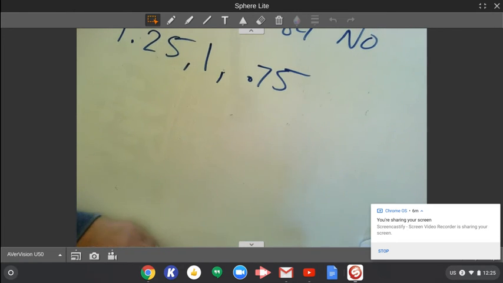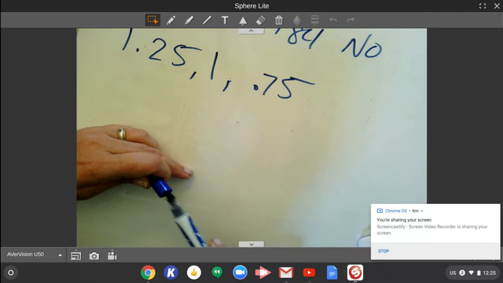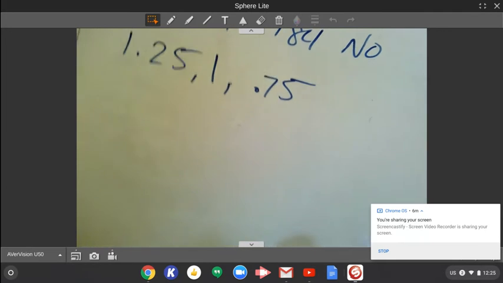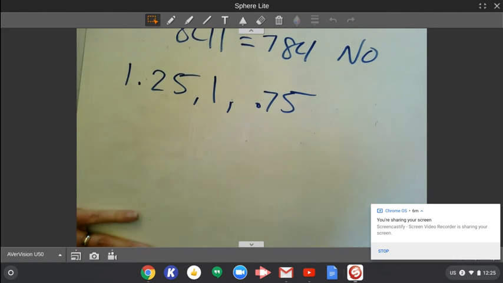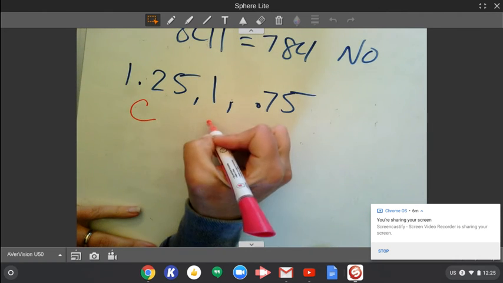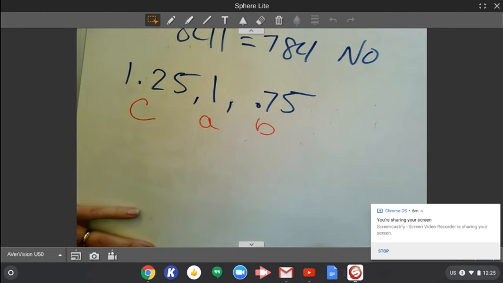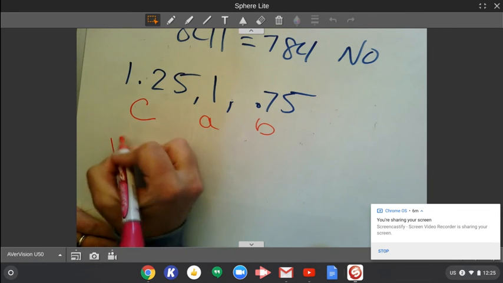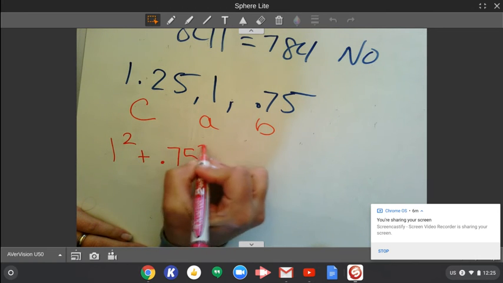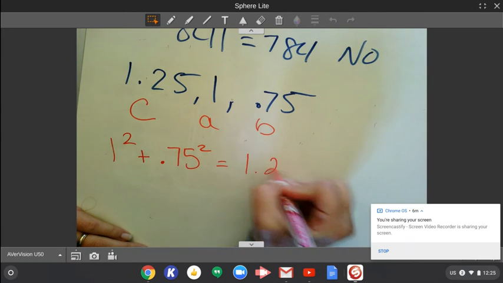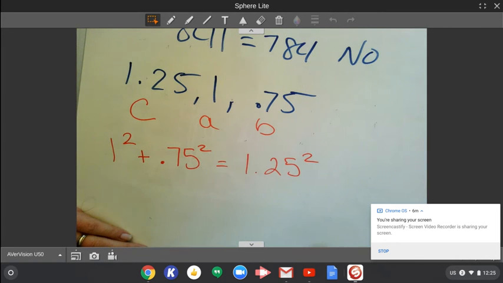The longest side has to be C, right? So we're going to change colors. 1.25 is C. A and B don't matter as long as you use the two shorter sides as A and B. So we're going to do 1 squared plus 0.75 squared equals 1.25 squared.